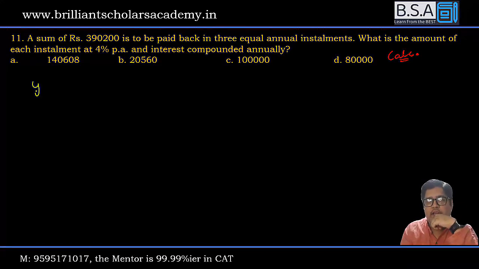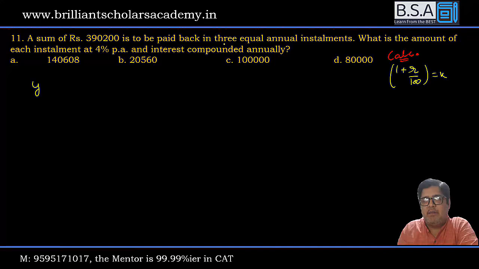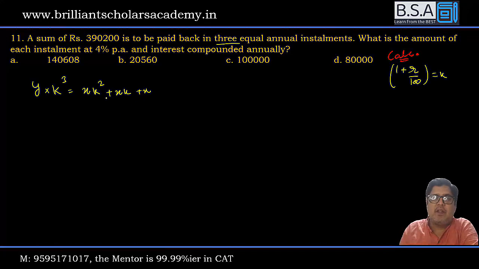If loan is Y rupees, rate of interest is R percentages. So R percentage increase can be written as K. So how many years are we going to make the payment in? 3 years. Y into K cube is equal to X into K square, X into K plus X. Do you guys remember the derivation of all this?